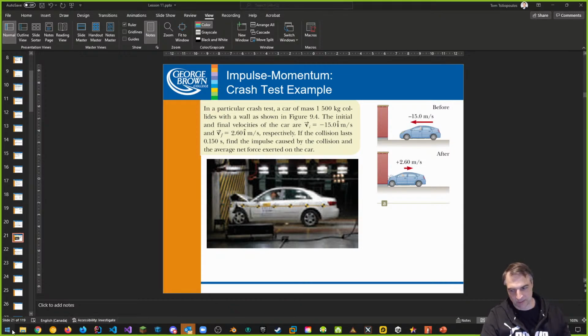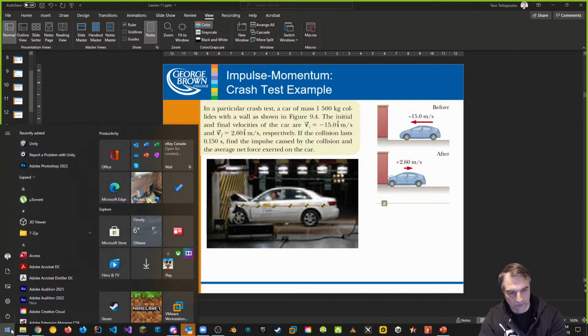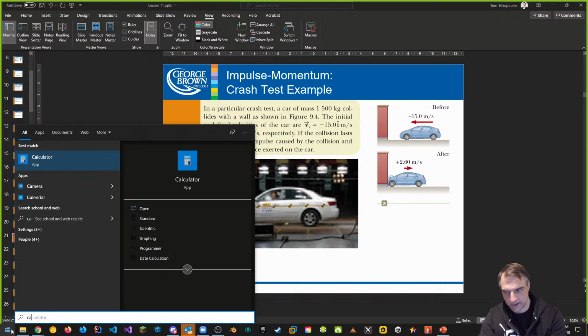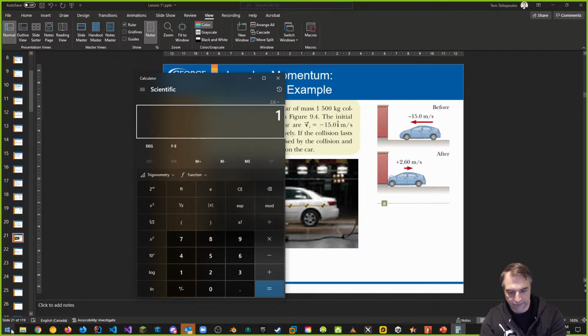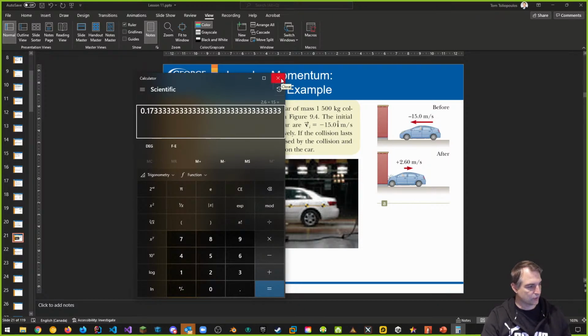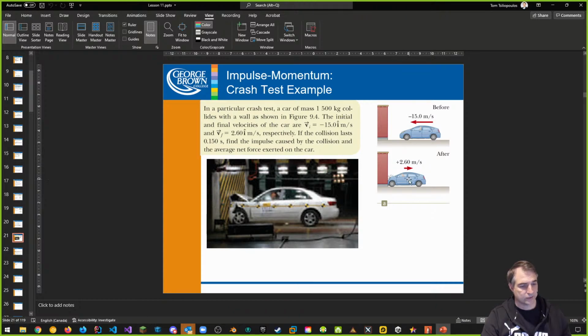If we think about how much is being absorbed, if I take 2.6 and divide it by 15, we see that only approximately 17.3% of the speed, and this translates into energy, the velocity, is reflected back from the wall. The other 83% of the velocity, and therefore the energy and the momentum, is absorbed.